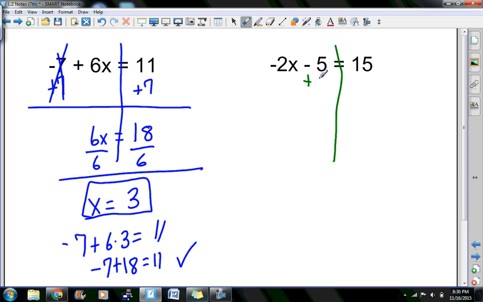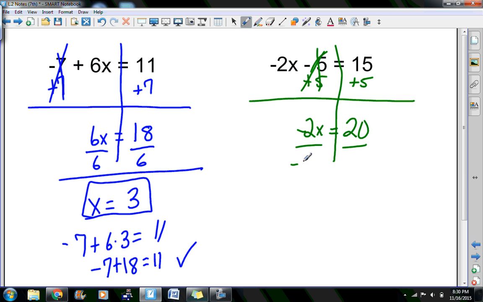And that is true. The problem on the right is a little bit tougher, but not a ton. I'm going to add 5 to both sides. So I get negative 2x is equal to 20. From here, I want to remember to divide by a negative 2 on both sides. So I get x is equal to negative 10.